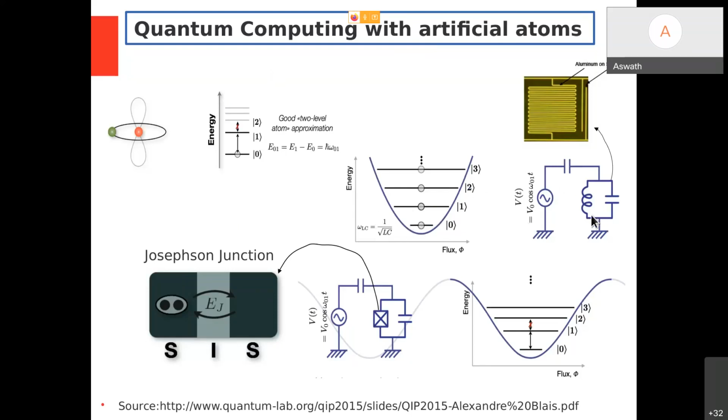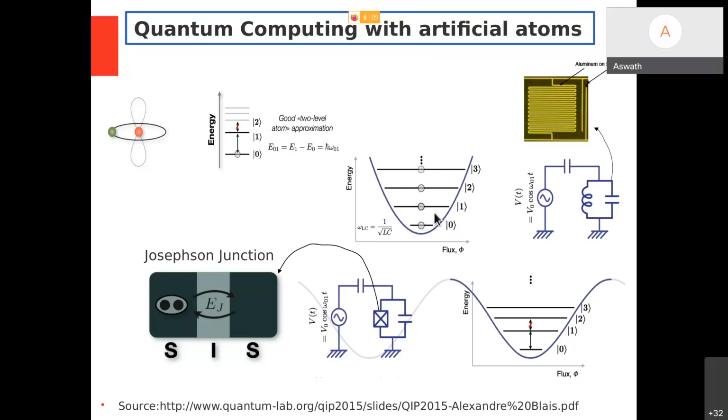Even though there is no explicit R resistance, the internal resistance I can consider as R. So an LCR circuit is a kind of atom-mimicking entity. The only difference is that in the LCR case, energy levels are equally spaced.